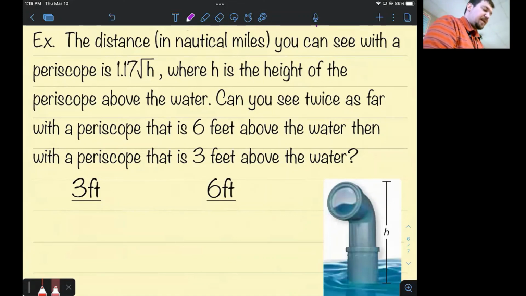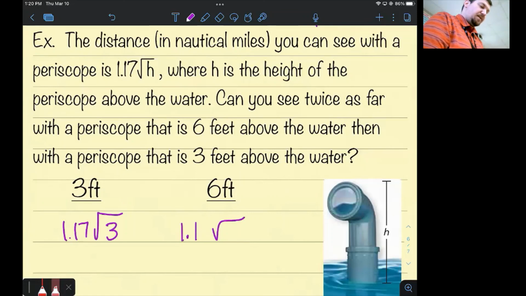Both use the same formula of 1.17 square root h. If my periscope is 3 feet above the water, we plug in 3 for h. And if it's 6 feet, we do 1.17 times square root 6. Do you agree that 6 feet is twice as tall as 3 feet? Okay, so we need to see if this also makes it twice as far in nautical miles.